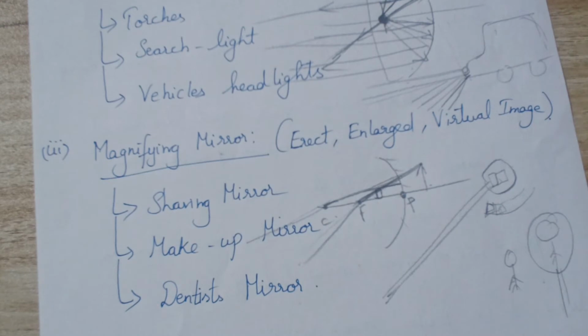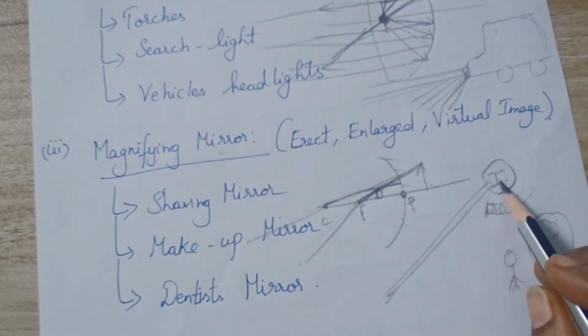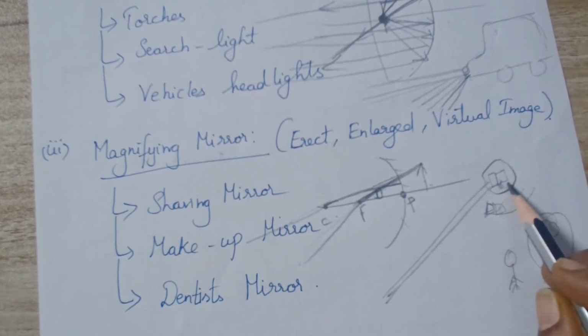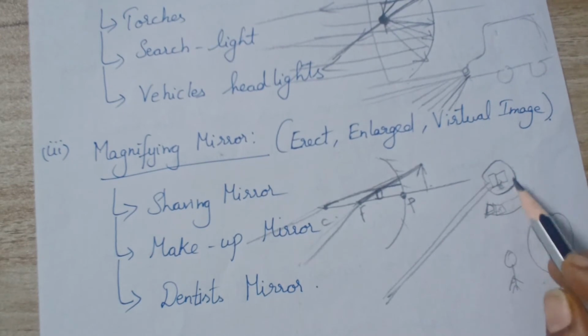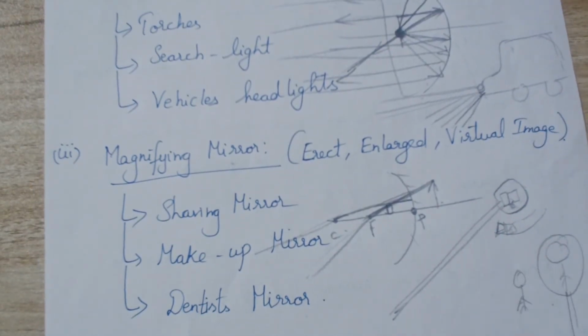If you get the enlarged image, it is easy for you to correct that, right? And also for the dentist to see the enlarged picture of the teeth, he will do this routine, and if any cavities are present, he can clear them, right? So to get an erect and enlarged virtual image, we use the concave mirror.